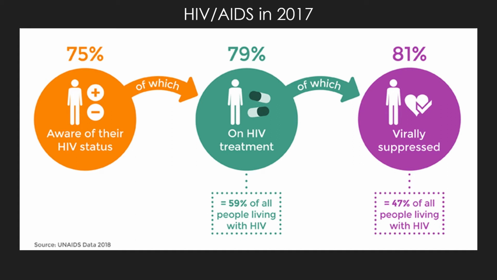So kind of in a nutshell, HIV/AIDS in 2017, 75% of people are aware of their HIV status, of which 79% of them are on HIV treatment, and of them, 81% are virally suppressed. So 75% of people who have HIV know it. Of them, 79% are getting treated, and of them, 81% are virally suppressed, or you'll oftentimes hear are in remission from AIDS.